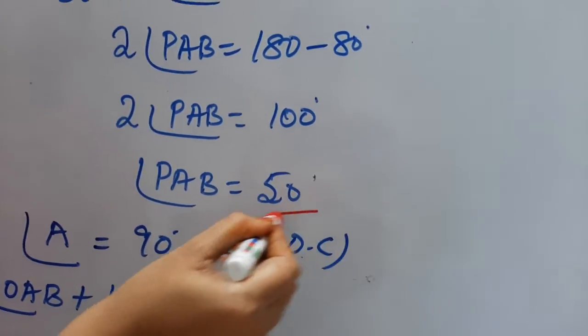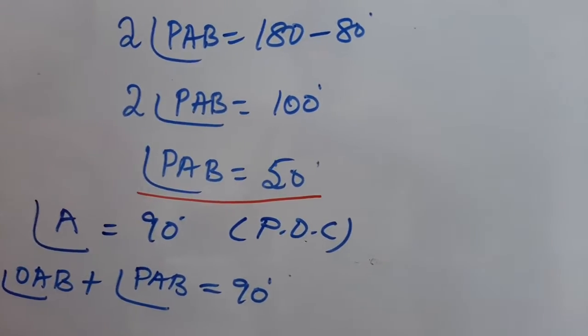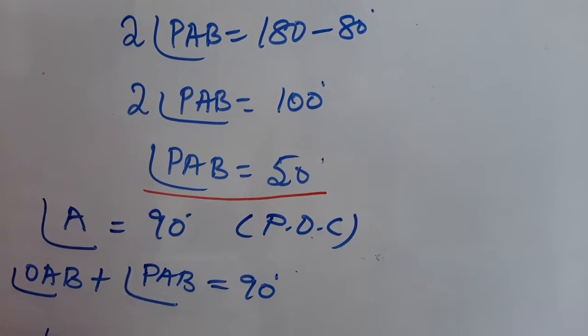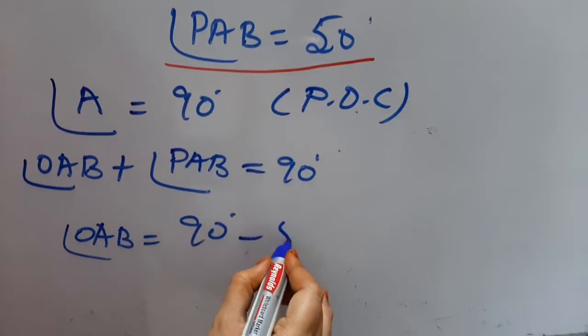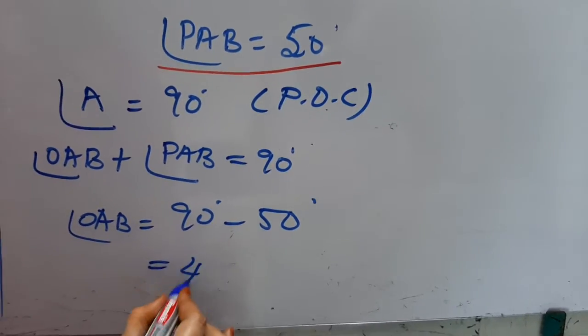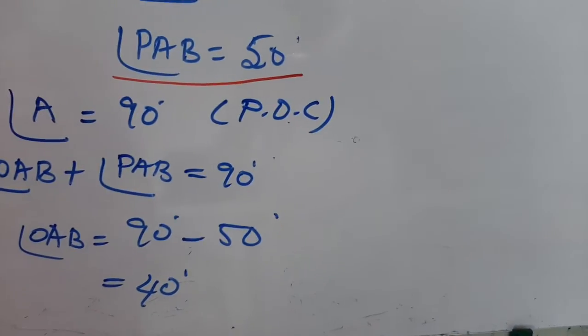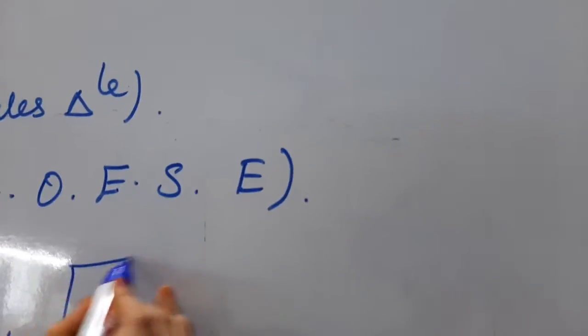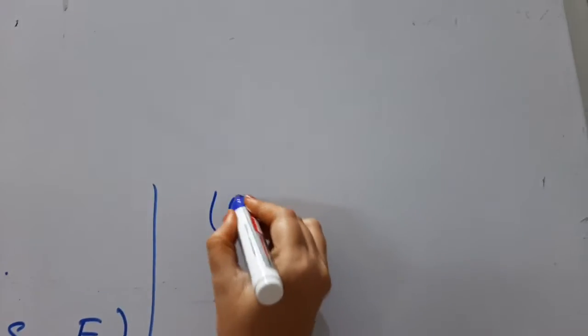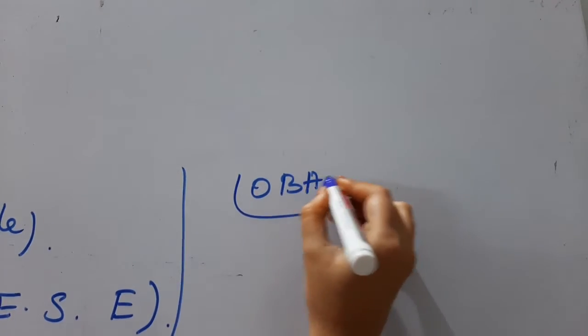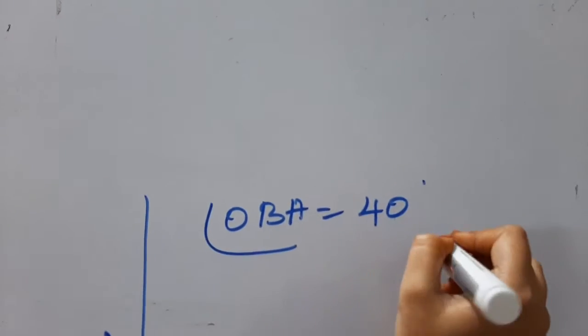Substituting that value here, we get OAB is equal to 90 minus 50, which is equal to 40. The same way we got angle OBA is also equal to 40.